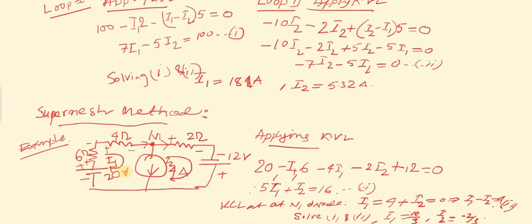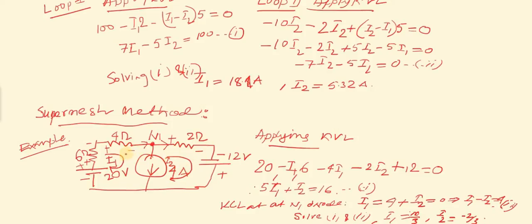One thing you may notice is that when you are writing down this super mesh loop equation, your current sources, whatever value they are, you stick to that: this is open, and this current will be limited to this portion only, and this current will be limited to this portion.